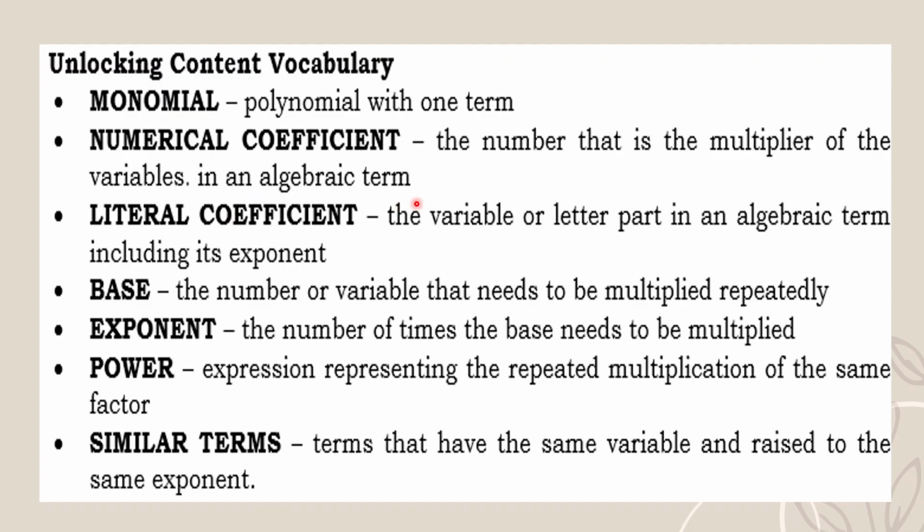Okay, so that's the number in the term, and the literal coefficients, of course, are the variable or letter part in algebraic terms, including its exponent. Base is the number or the variable that needs to be multiplied repeatedly. Exponent is the number of times the base needs to be multiplied. Okay, and power is the expression representing the repeated multiplication of the same factor. Similar terms are terms that have the same variable raised to the same exponent.